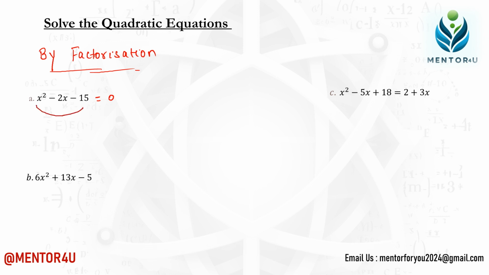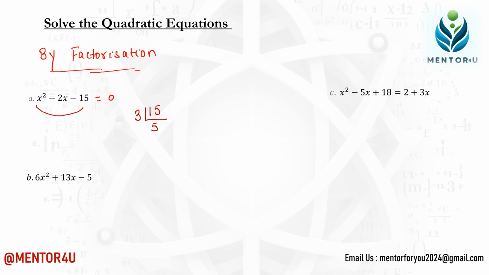So let us take it as 15 only and try to find the prime factors of 15, which are 3 and 5, right? Now the motive here is to make such possible pairs of those factors such that when I add them, it should be equal to minus 2, and when I multiply them, it should be equal to minus 15.